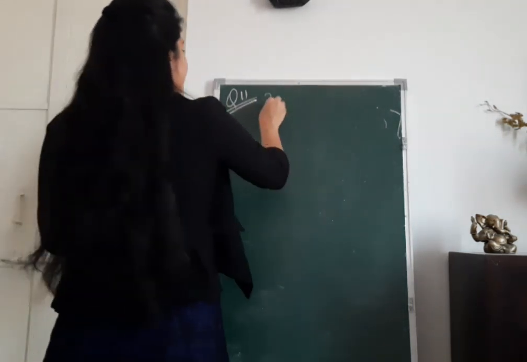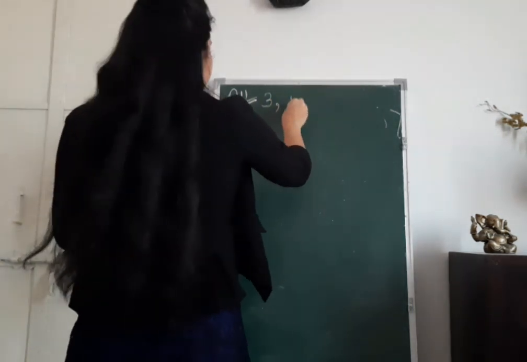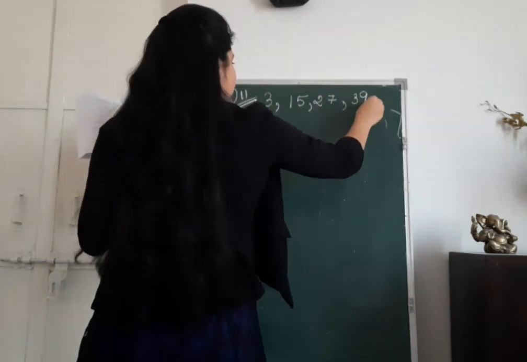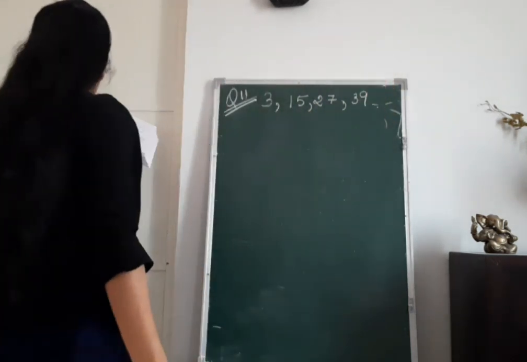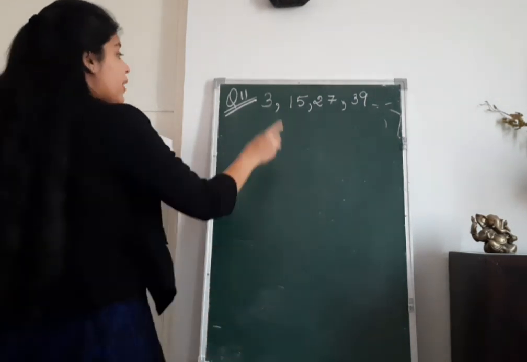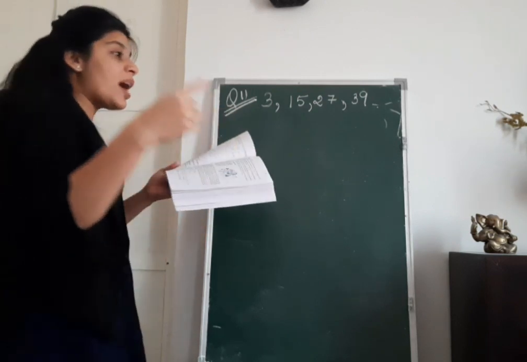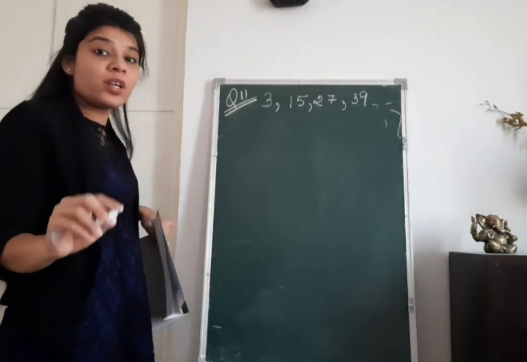So they are saying that here is an AP 3, 15, 27 and 39, and so on, right? Which term of this AP will be 132 more than its 54th term?